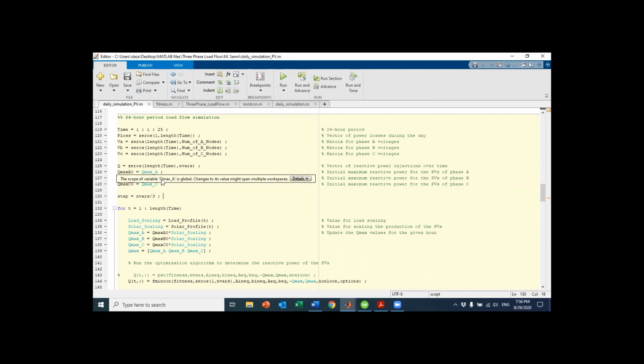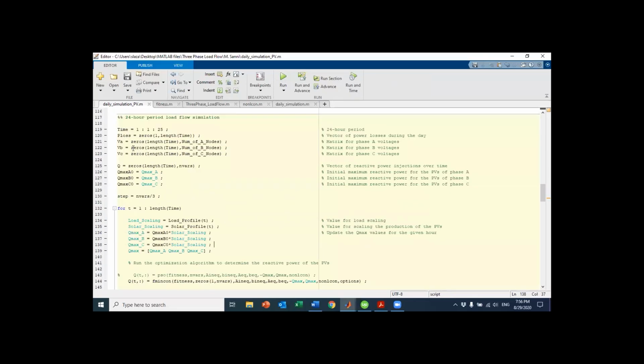However, the production of the PVs changes during the day. At a given time t, the value of reactive power which the PV can inject is given using these equations. So we scale the values of the maximum reactive power in the system.